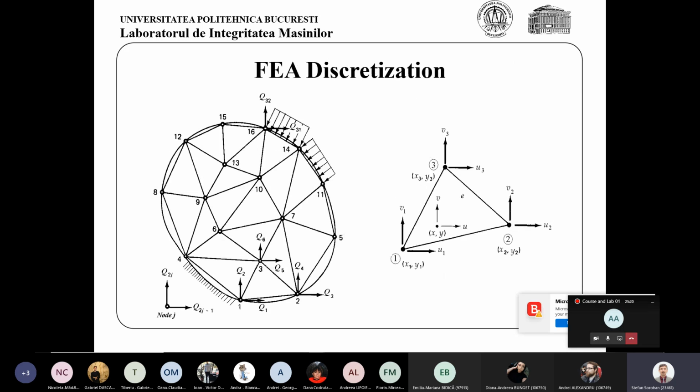Let's go back. And please observe the shape of this body is not filled completely with triangles, because here we lose part of material due to the reason that this element, this triangle, has straight lines. It has not curved lines.